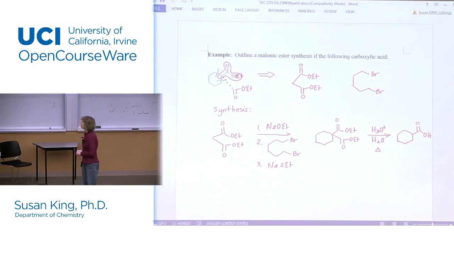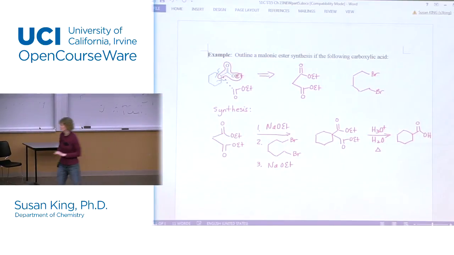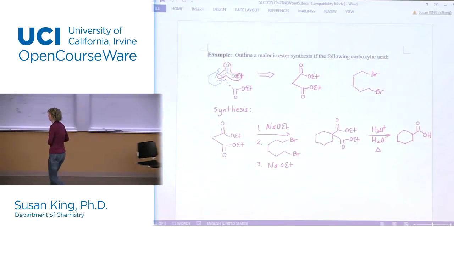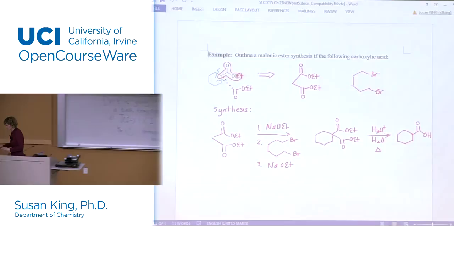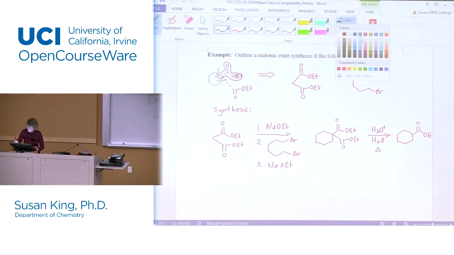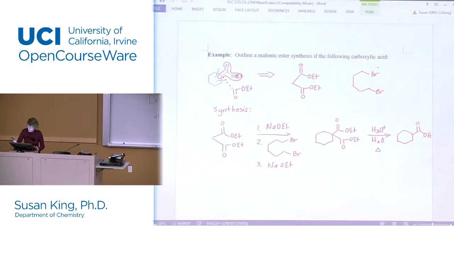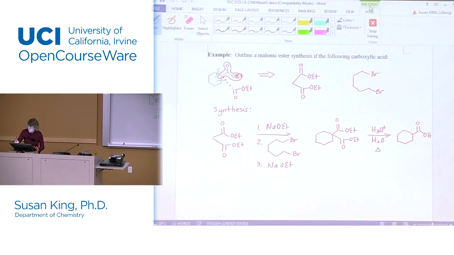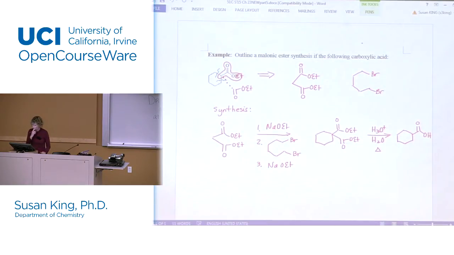Okay. I made a mistake last time. Several people pointed it out to me, so let's fix that. I did not count carbons. It makes a really good point. I have the right number of carbons here, 1, 2, 3, 4, 5, but this is 1, 2, 3, 4, 5, 6.